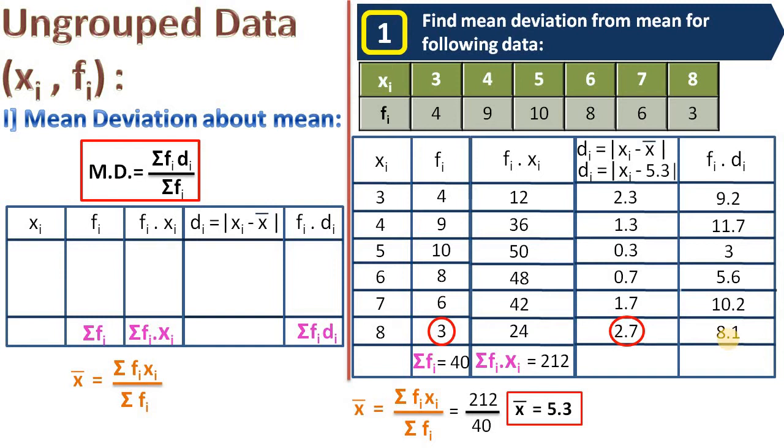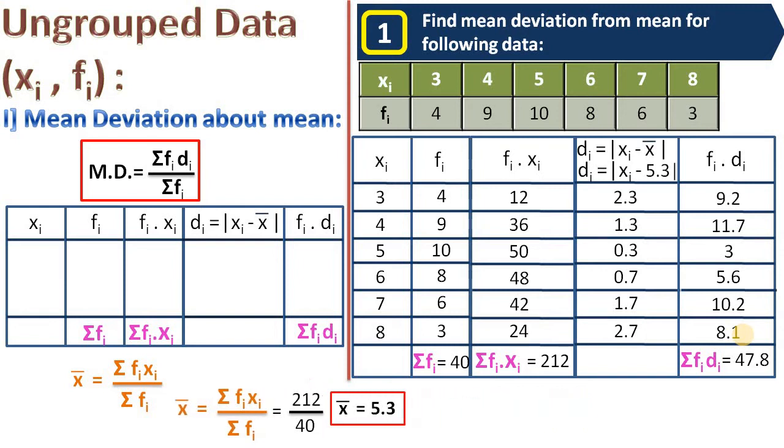Okay, now lastly we have to take the sum of the last column, fi di. So adding 9.2 plus 11.7 plus 3 plus 5.6 plus 10.2 plus 8.1, which equals 47.8. Now no column is left, so let us find the mean deviation, MD, from mean. What is the formula?